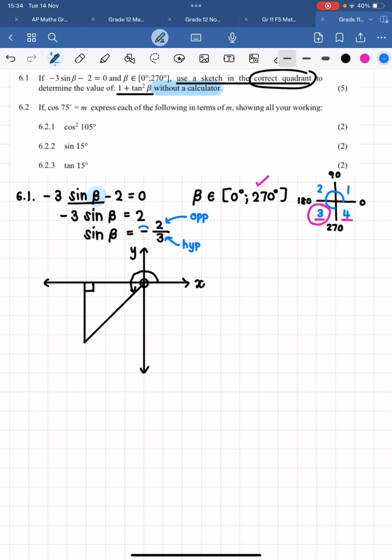Now one of these is going to have to be negative because sine is negative. This fraction is negative. Now the hypotenuse is always positive. So that means that our hypotenuse is going to have a length of 3 and the opposite side is going to have a length of negative 2. Now guys, even if the other side was not the hypotenuse, we need to know that if the side of this triangle is below the x-axis, so underneath this line here, that side is going to have to be negative.